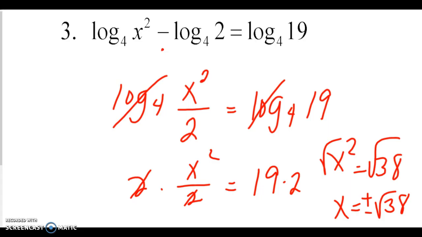But if I take the negative square root of 38, and because this is the only place that I would have to plug it back in, if I plug a negative into a squared, it's going to become positive. So in this case, it's both answers, plus or minus the square root of 38. But remember, in other cases, if it did not plug back into a squared, and you had a log of a negative number, it cannot happen.